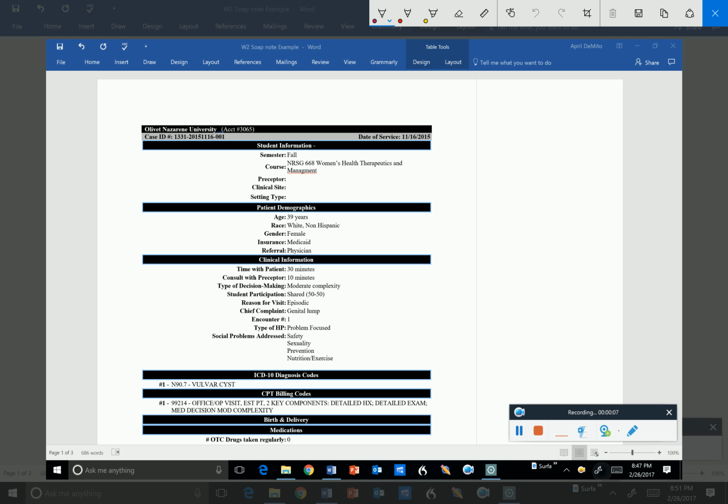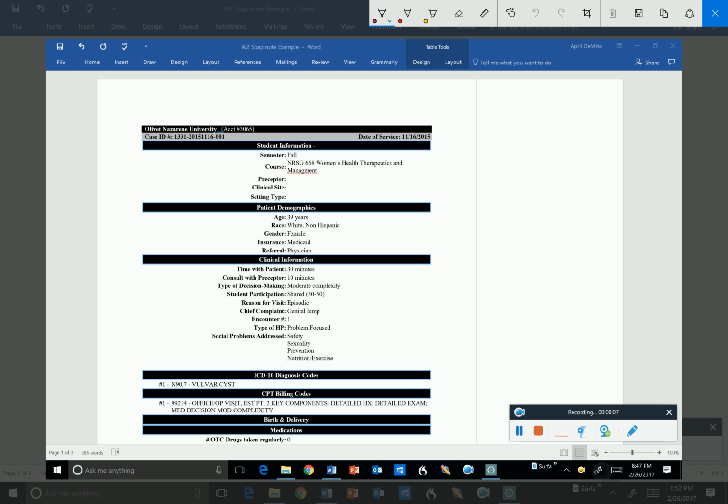For example, if I have a patient that I've instructed to do something and they have told me that they're not going to do it, I'm going to document: Patient was instructed to do this. Patient verbalizes that they will not do this. That's just protecting yourself.